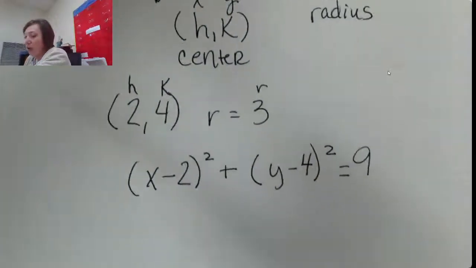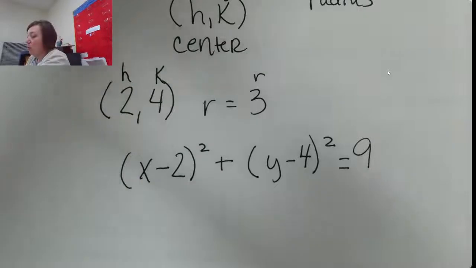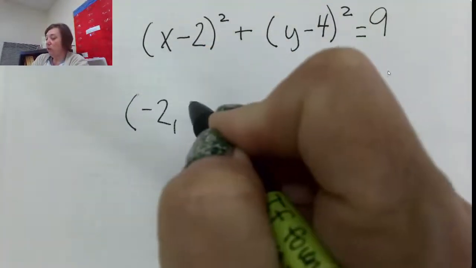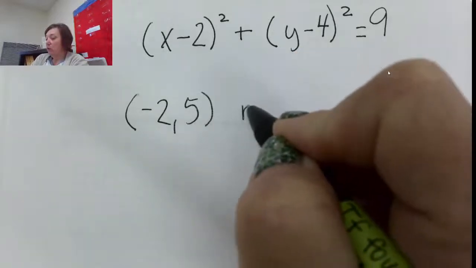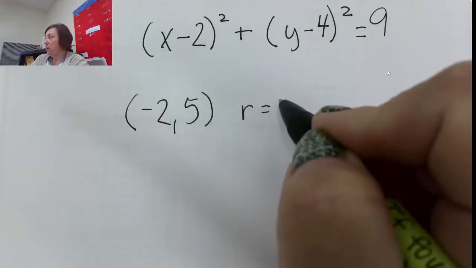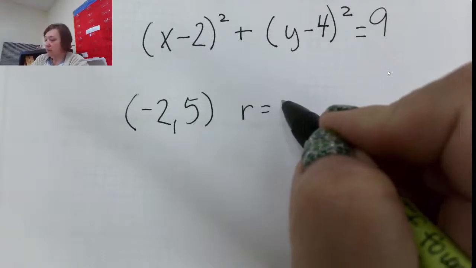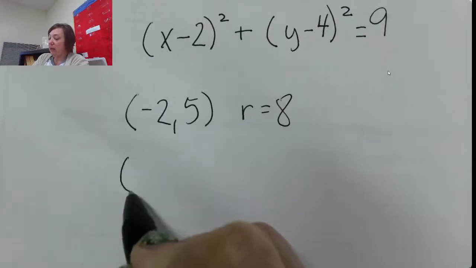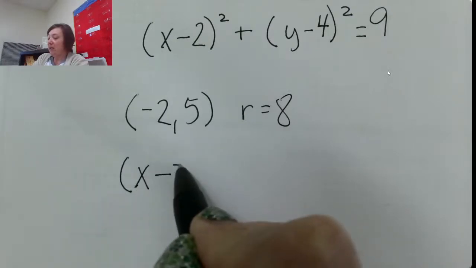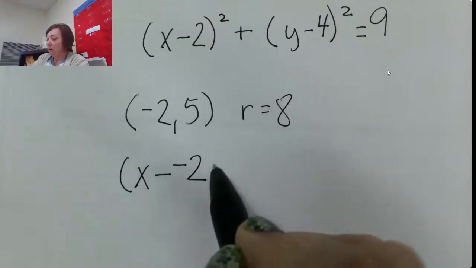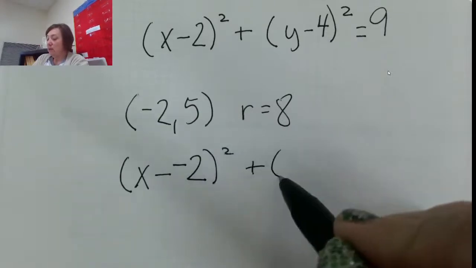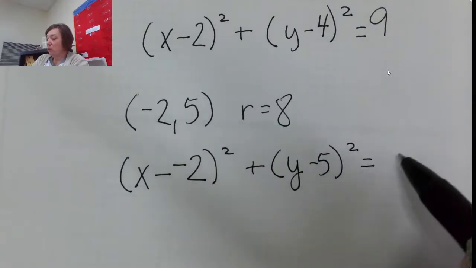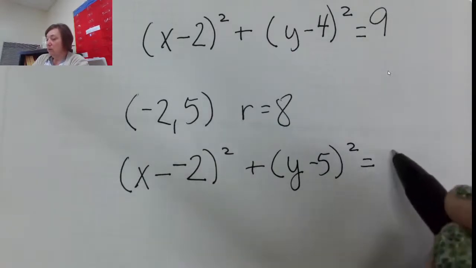Now, are there a couple of things you got to watch out for? Yes. So, let's say you have a point that is (-2, 5), and your radius is, pick a number, 8. Okay, there's your radius. So when you write this, you've got (x minus -2) squared plus (y minus 5) squared equals, and then what's going to be over here? 64.